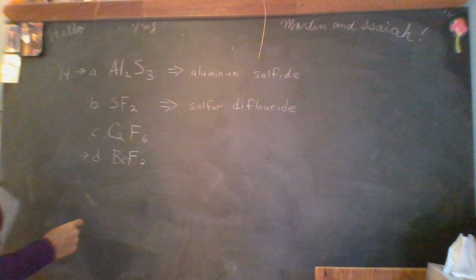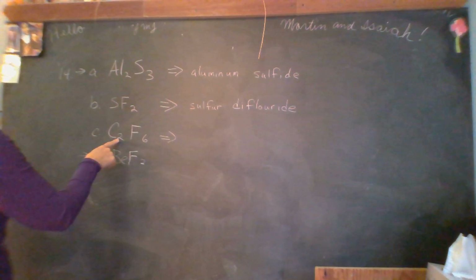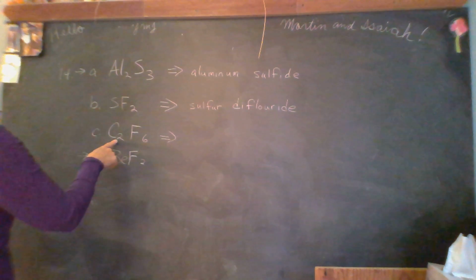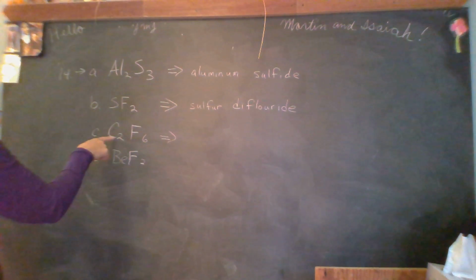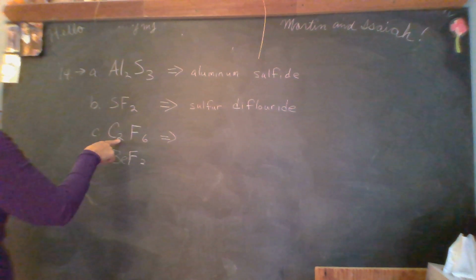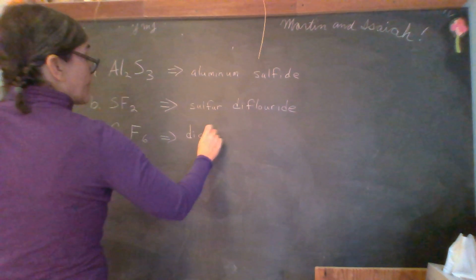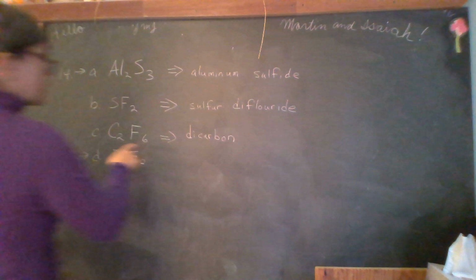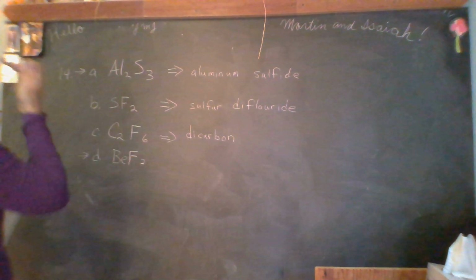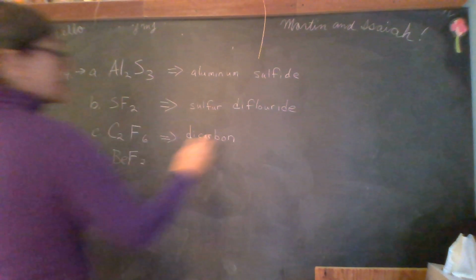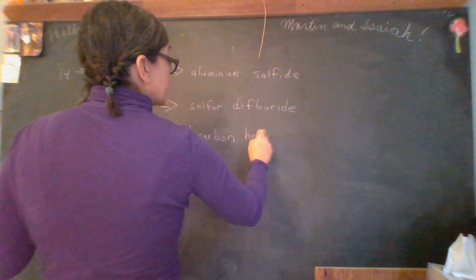Sulfur difluoride. Okay, here is another covalent compound with carbon and fluorine. Since this has two atoms, I'm going to use the di prefix here. So dicarbon. And now for this one, I use the prefix for 6, which is hexa, and I change the ine to an ide, hexafluoride.